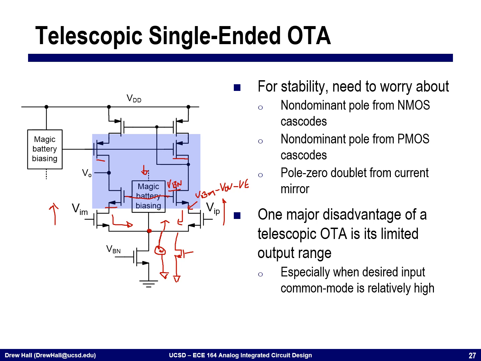All right, so what else does this telescopic structure do? The biggest downside about the telescopic structure is that, yes, we get more gain. We get more gain because essentially now we have a cascaded structure, okay?